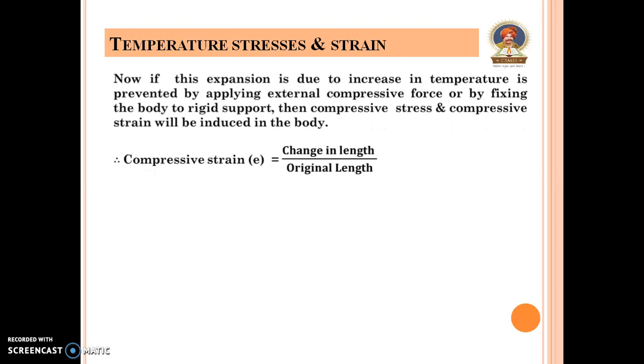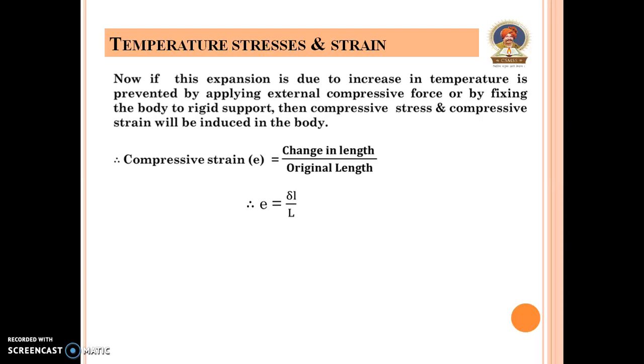Now, if this expansion due to increase in temperature is prevented by applying an external compressive force or fixing the body to a rigid support, then compressive stress and compressive strain will be induced in the body. Therefore, the compressive strain is equal to change in length upon original length.